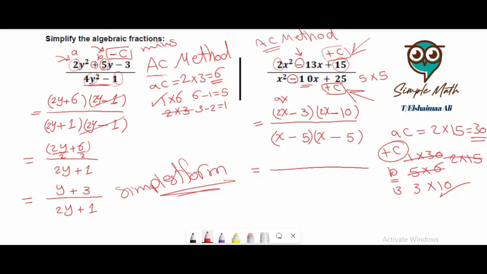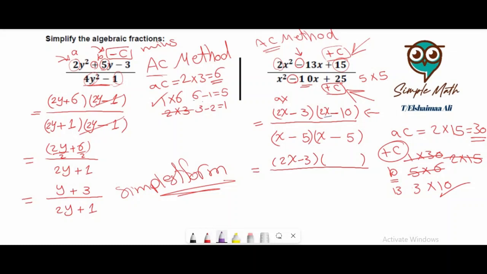Let's go to the next step. For the brackets up in the numerator, because we used the AC method, one bracket I need to simplify. You can see that 2x minus 3 we can't simplify, but the second bracket we can divide both terms by 2 to simplify it.